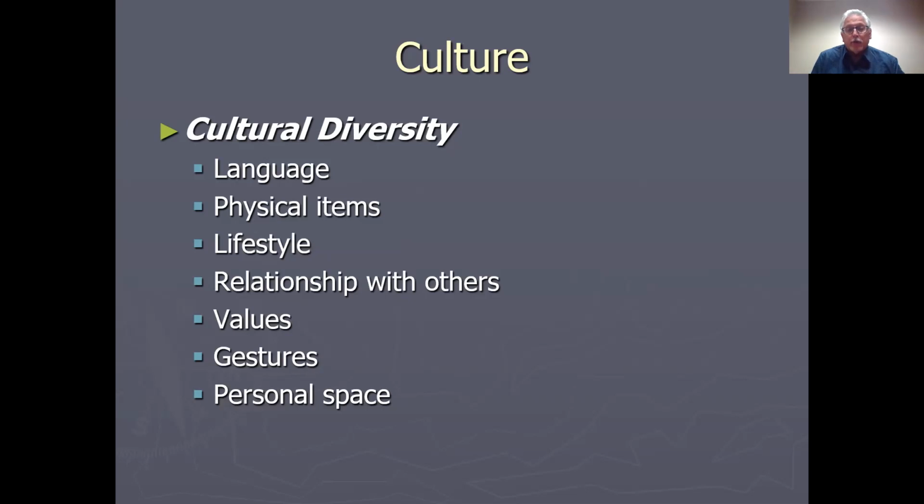Relationships with others is another area that varies. Some cultures are more ethnocentric, is the term we use. That means that you're centered on your own ethnic group and your own nation, or something like that. And you look down on others, and you can have that kind of attitude. Some do have that.